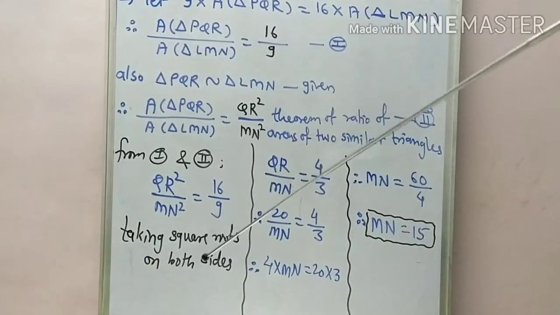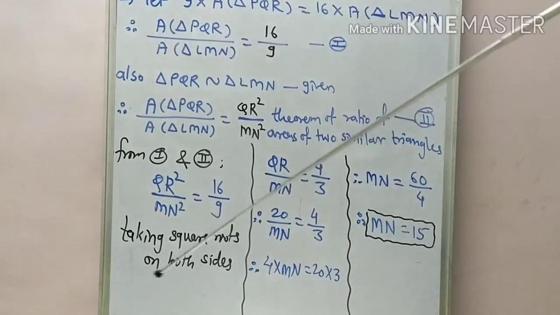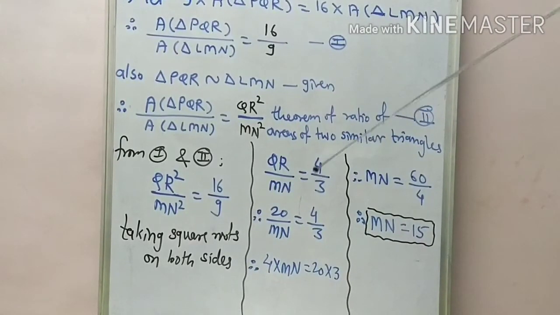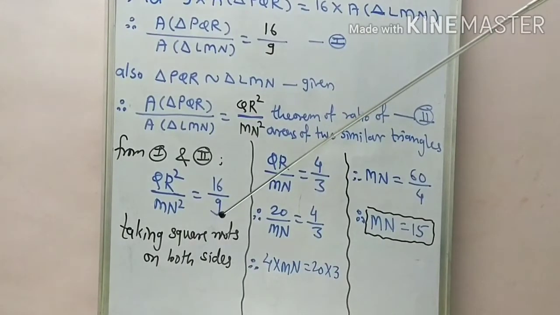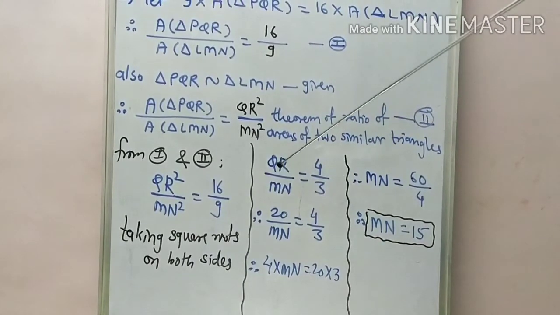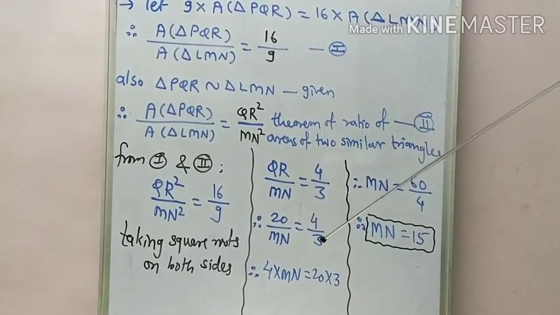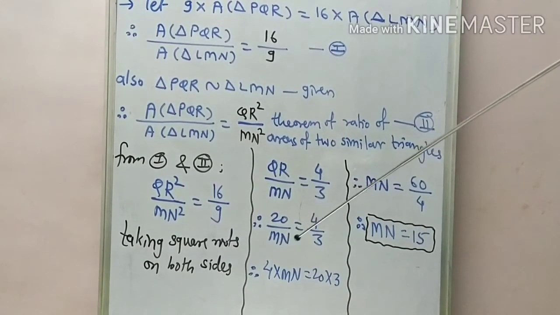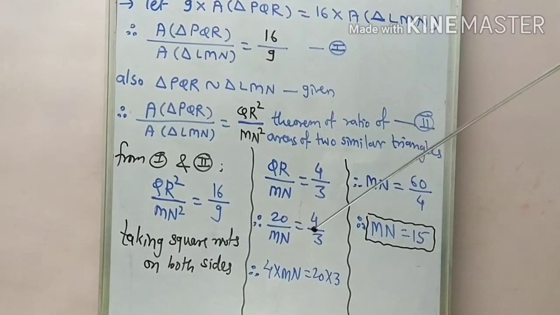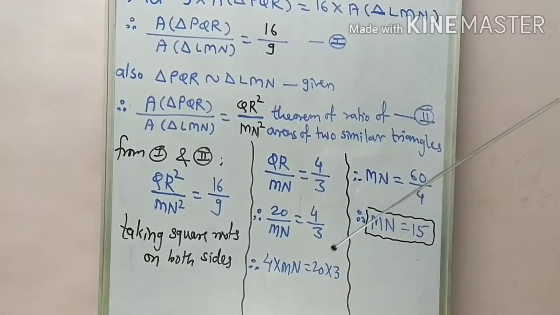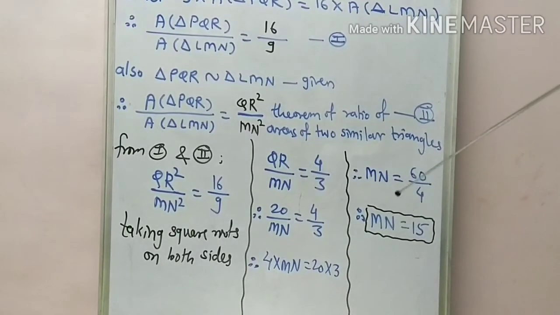Okay, understood this. As we take square roots on both sides, we get the ratio QR upon MN equal to the square root of 16 upon 9, which is 4 upon 3. So QR, which is given as 20, upon MN equals 4 upon 3. Here we do cross multiplication: 4 into MN equal to 20 into 3, and 20 into 3 is 60.